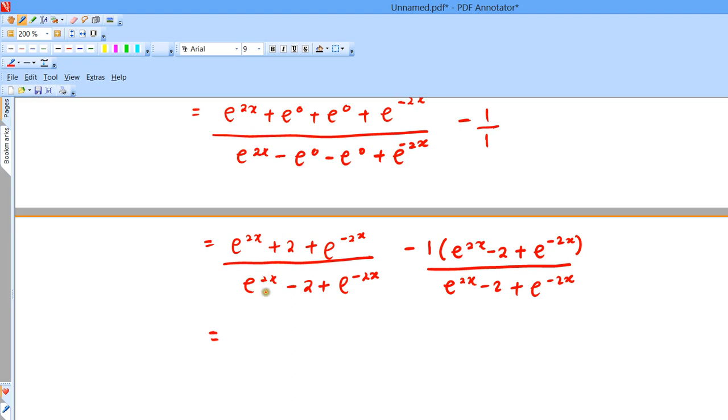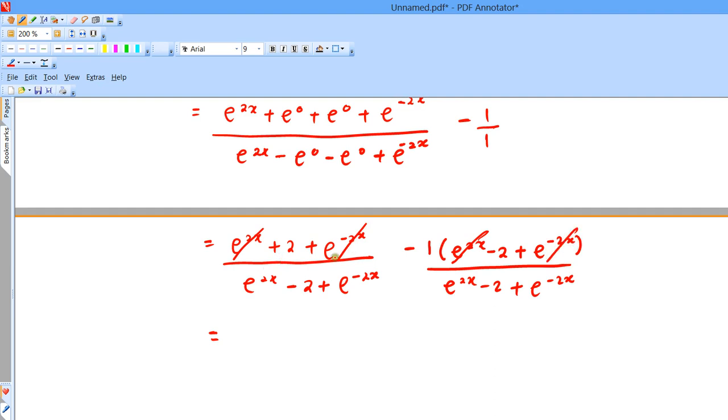Based on this, we can cancel out e power of 2x and e power of negative 2x.